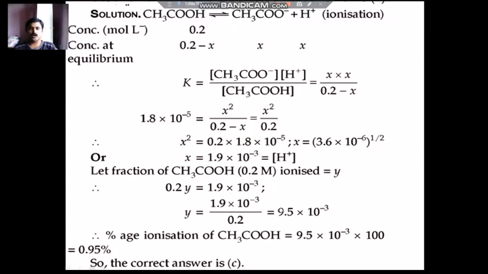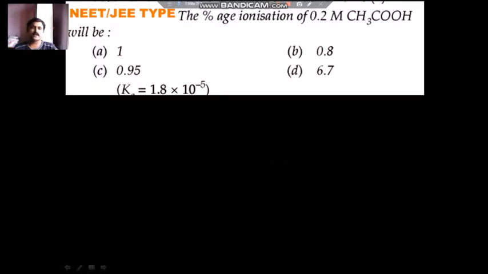After that we got y as 9.5 into 10 to the power of minus 3. So percentage of ionization of acetic acid will be 9.5 into 10 to the power of minus 3 into 100, means 0.95%. So the correct answer for this one is 0.95, option C.